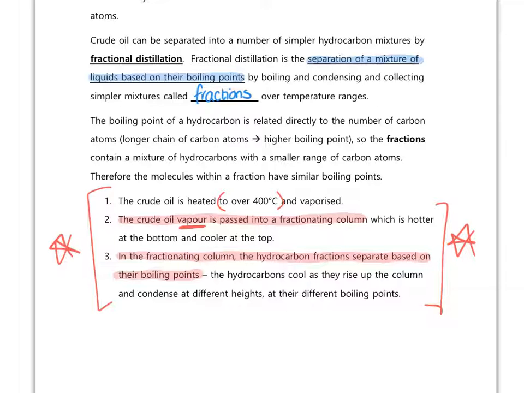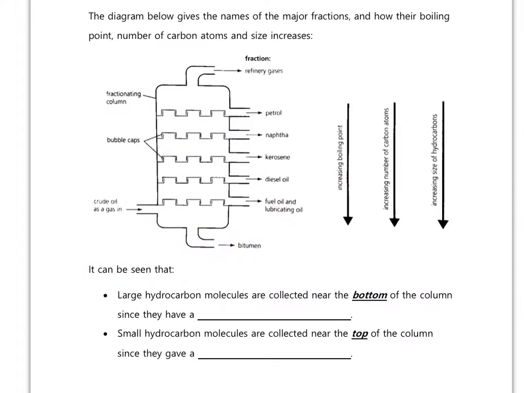So your key points there are the crude oil is heated and vaporised. The crude oil vapour is then passed into the fractionating column, and in the fractionating column, the hydrocarbon fractions separate based on their boiling points. So make sure you know those 3 key points really well, and I've asked you in your assignment to include those on your summary sheet, on your revision sheet, to make sure you know that really well.